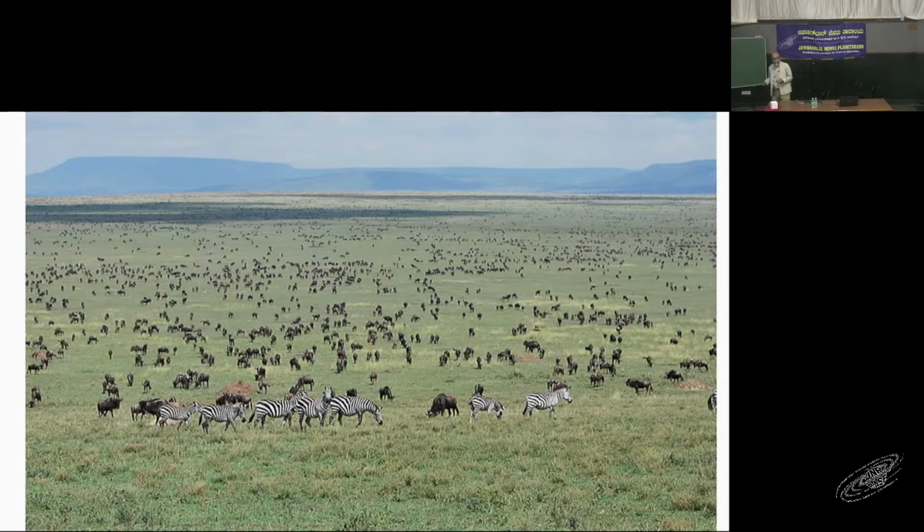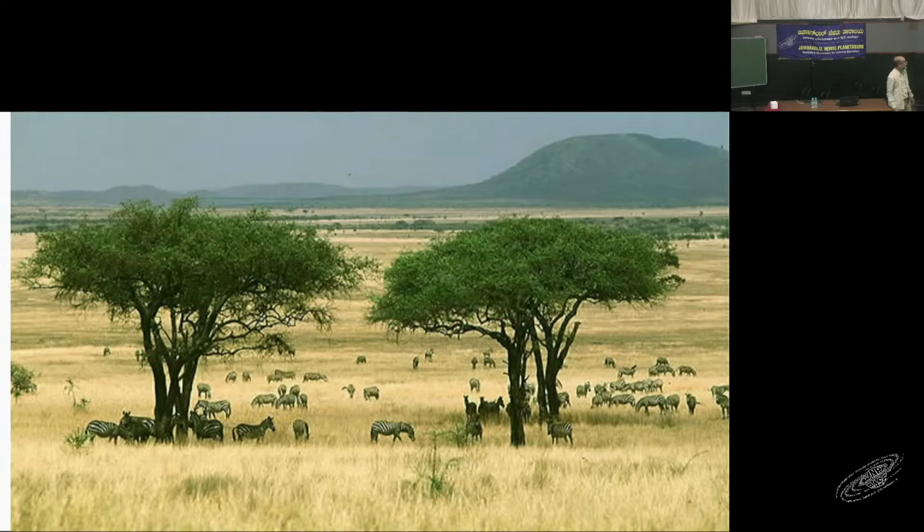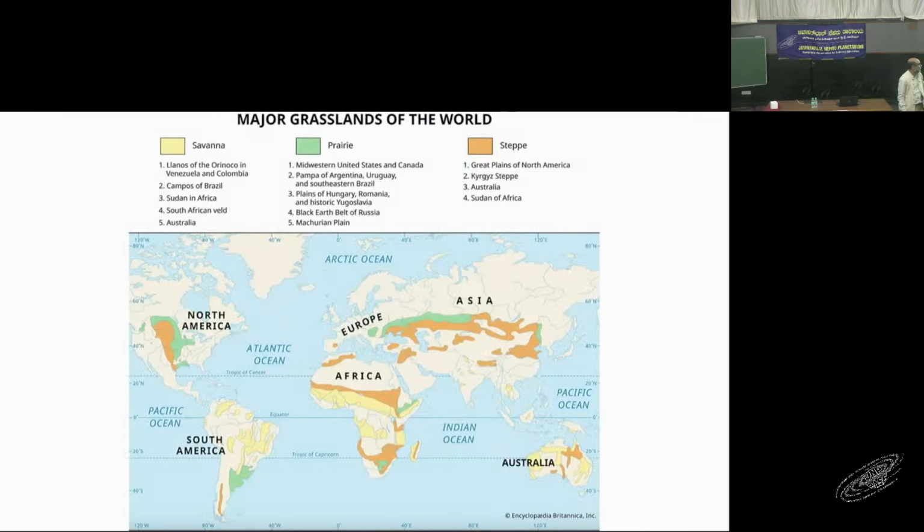the savannas. Now, when you hear the word savanna, this is usually what you have in mind: the vast plains of the Serengeti in Africa, teeming with wildlife, a diverse set of fauna, classically open grasslands dotted with trees, lots of zebra, lots of wildebeest, African elephants trudging through them.